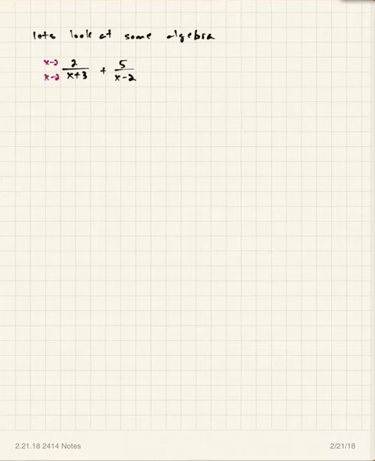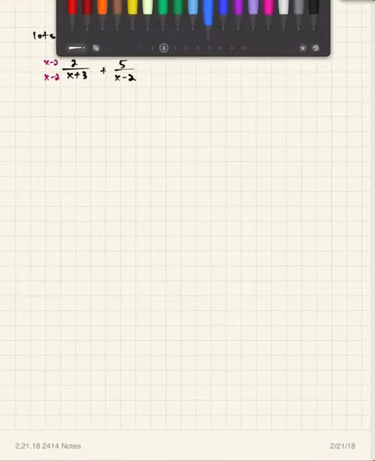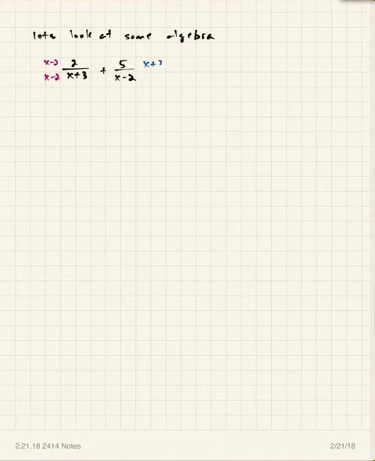And so the first fraction, you'd use the equivalent fractions property and multiply it by x minus 2 over x minus 2. And the second fraction, you'd multiply by x plus 3 over x plus 3. We would get that the denominator would be x minus 2 times x plus 3.